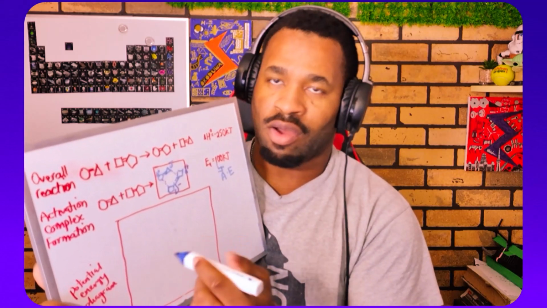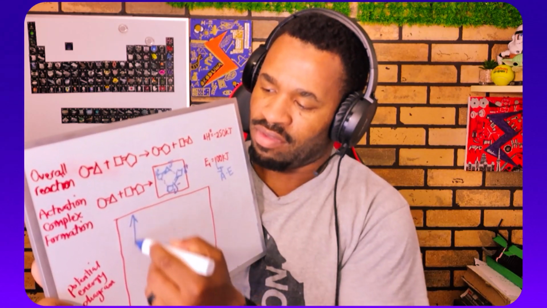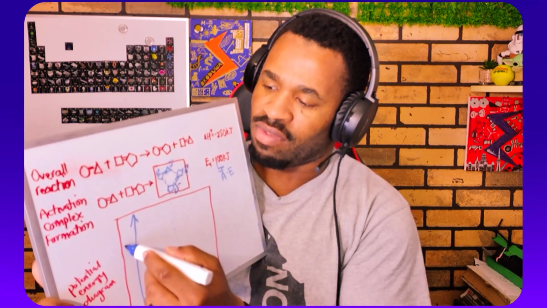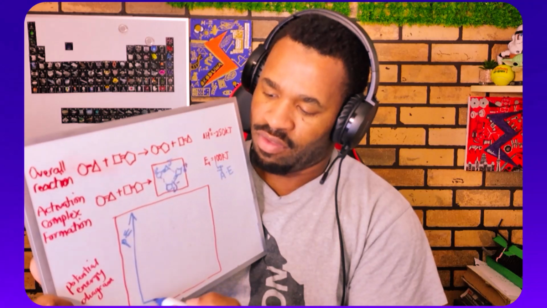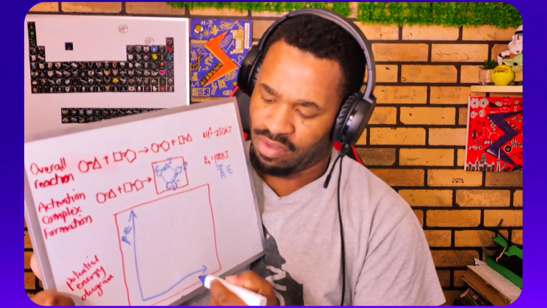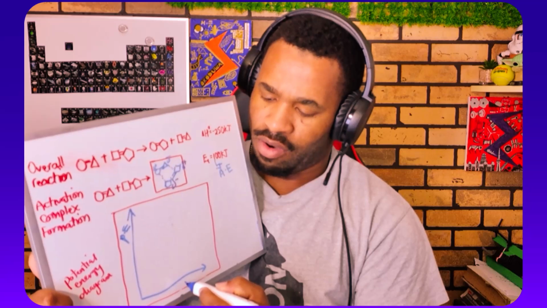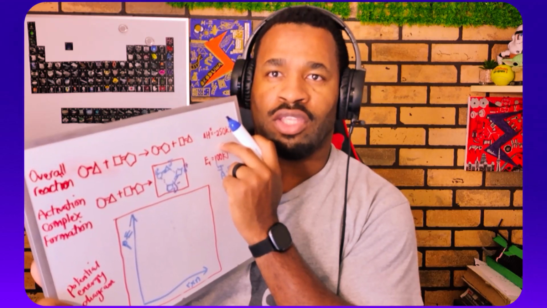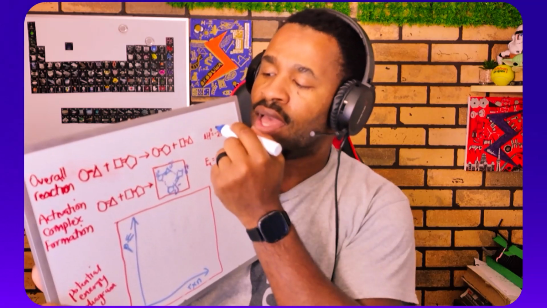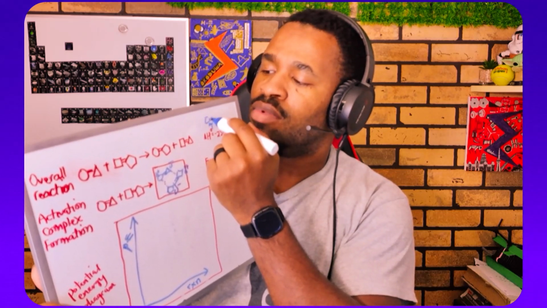To accomplish this, we put our y-axis, and this is going to represent our energy or potential energy, and this is going to be our x-axis, which represents our reaction progress. Now here we see that the value for the change in standard enthalpy is a negative value, which is an exothermic process.